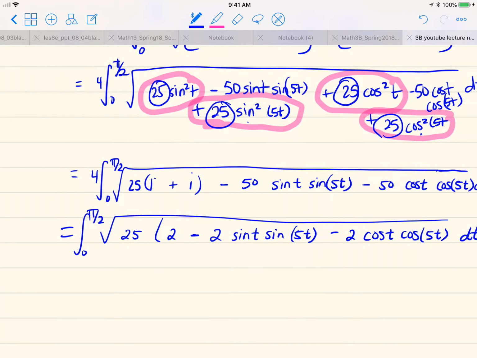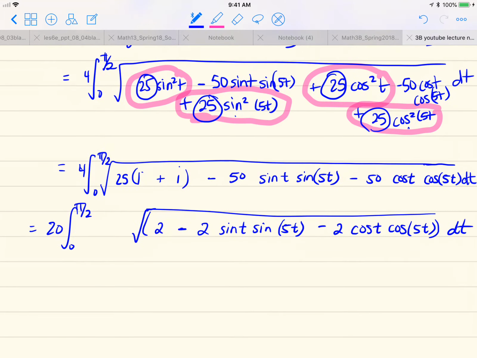Now I can write this as the square root of 25 times the square root of this. And what is the square root of 25? It is nothing other than 5. So this 5 times the 4 on the outside is going to give us 20. So we can have a 20 on the outside.